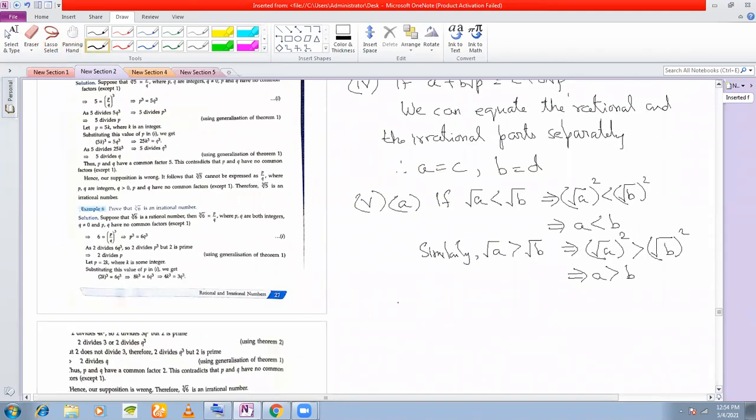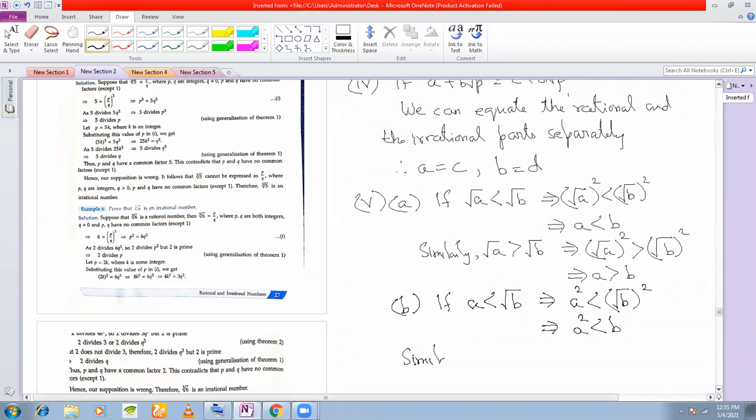And finally, if a is less than root b, then you can square both sides to get a square is less than b.